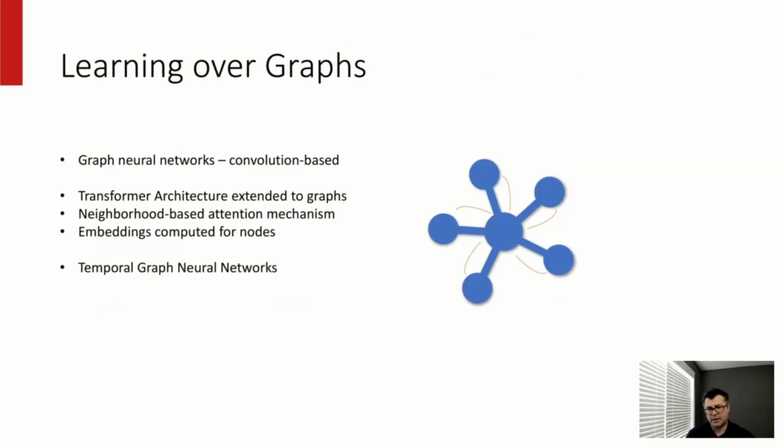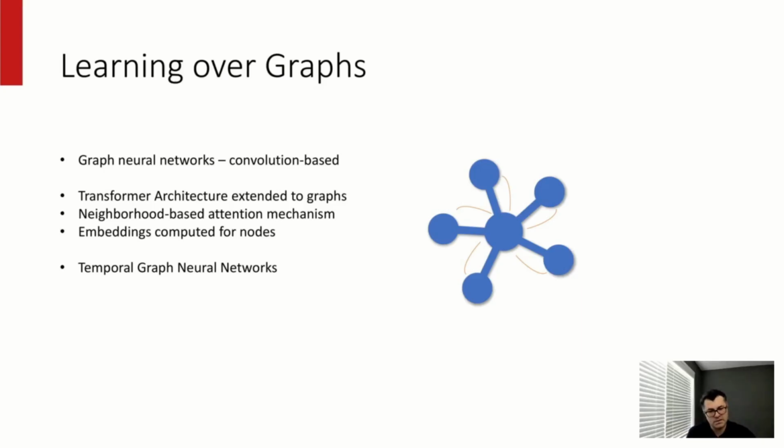So learning over graphs, I just want to quickly mention this if you guys are not familiar with it, because this will come up. Just like there are transformer models for sequences of words, there are extensions of transformer models to graphs, where you have a node, and then there's an attention mechanism that relates the node to its neighboring nodes. There are also convolutional networks, called graph neural networks, that exploit a similar principle.